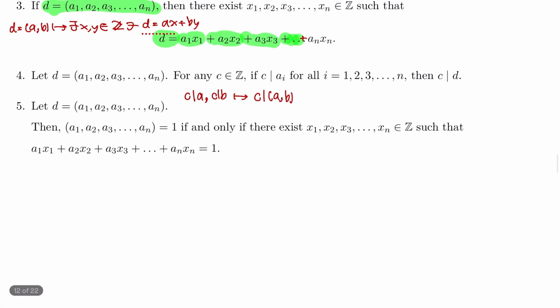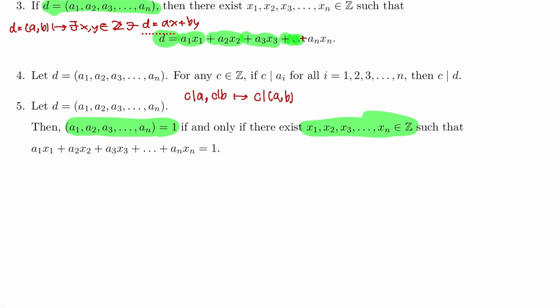And the last one, if D is the greatest common divisor of a1, a2, a3 all the way to an, and this greatest common divisor is 1, okay? The greatest common divisor is 1 if and only if there exist x1, x2, x3 all the way to xn, which are integers, such that the sum of a1x1, a2x2, a3x3 all the way to anxn equals 1.